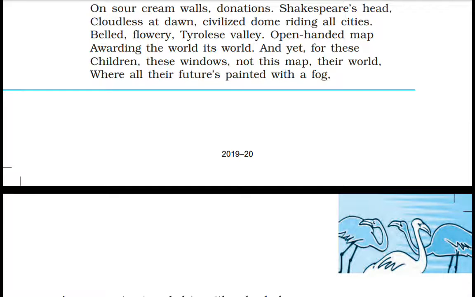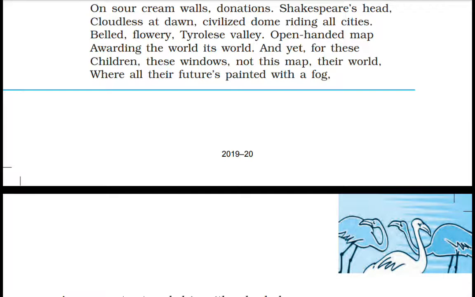Now you could be asked, how has the poet described the classroom? There we can describe all these things: the walls are like sour cream because they have not been painted for long, and there are some donated pictures pasted on the wall, like Shakespeare's head, then Tyrole's valley, and the open-handed map.